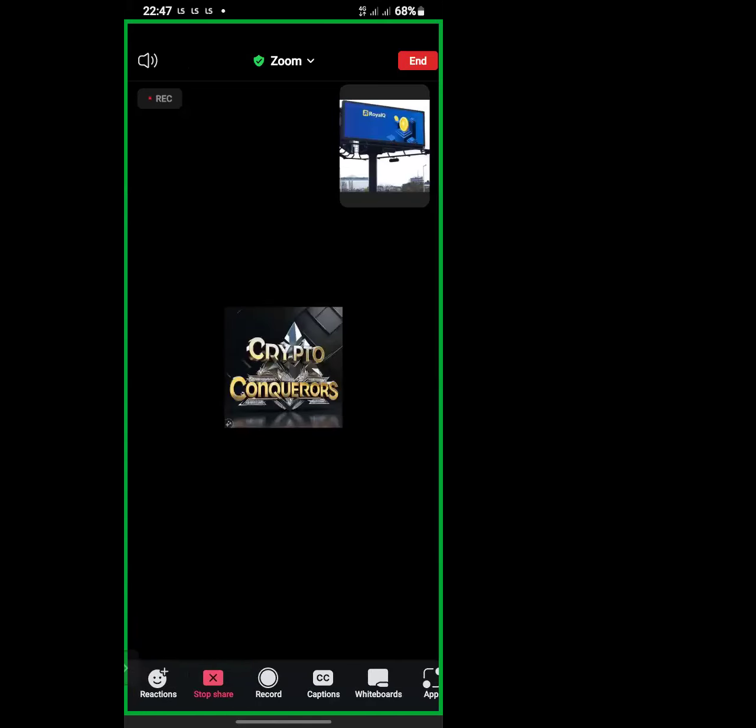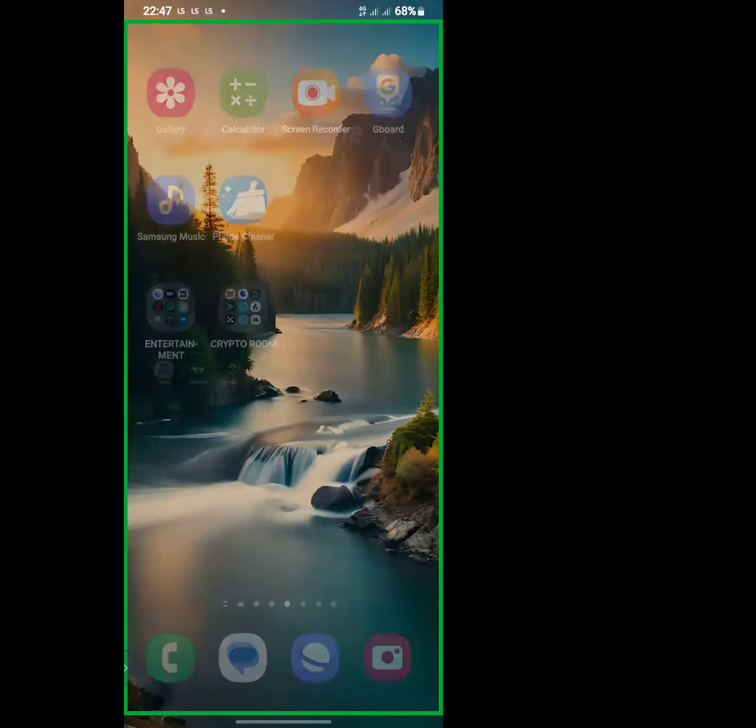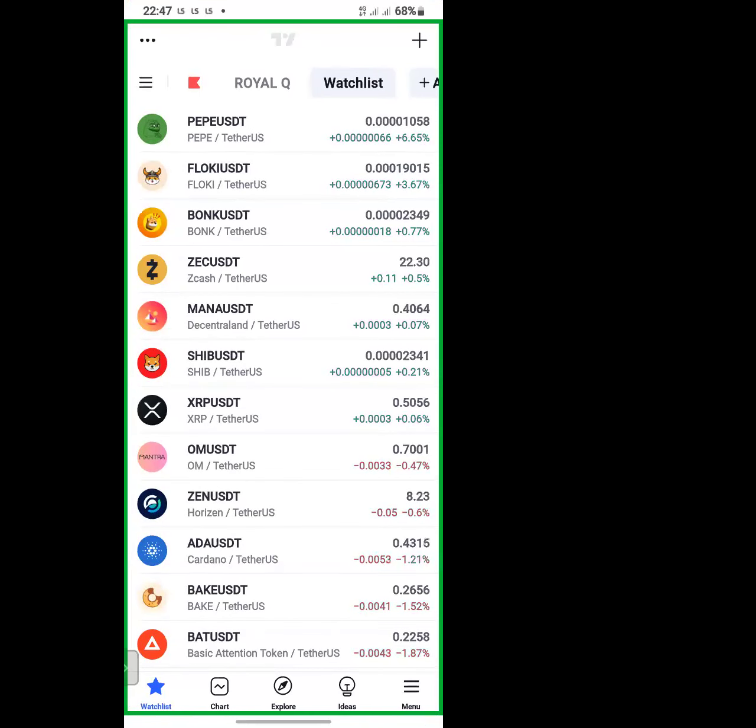I'll share my screen. My screen is already on. After adding in, you can see the percentage change. They always change with the prices. When you start trading, that means we are looking at technical analysis.